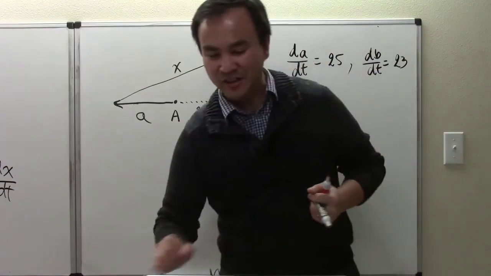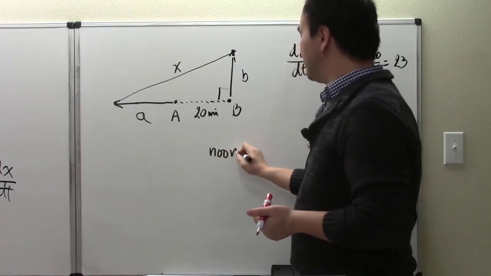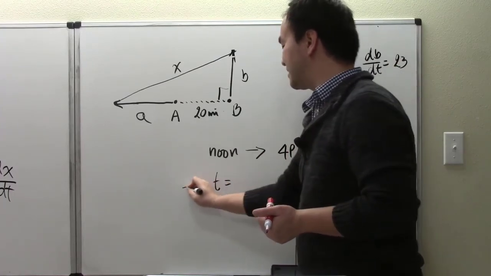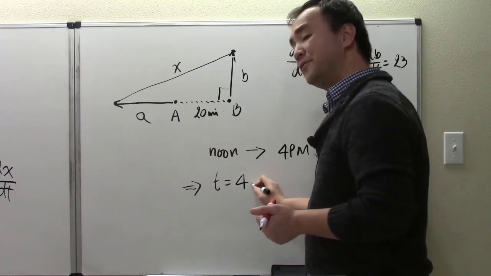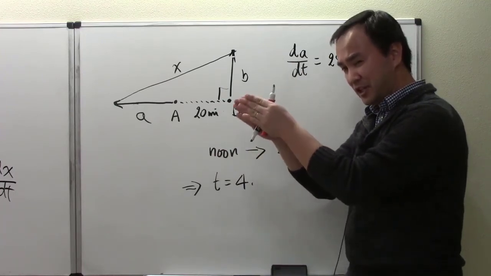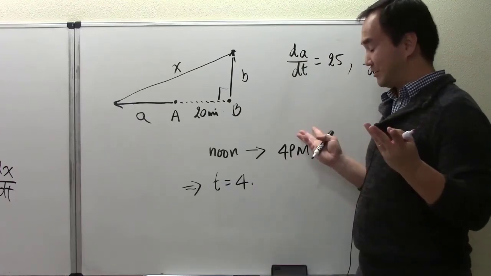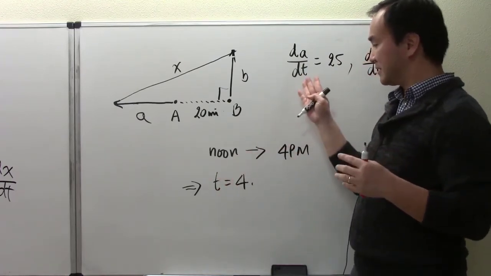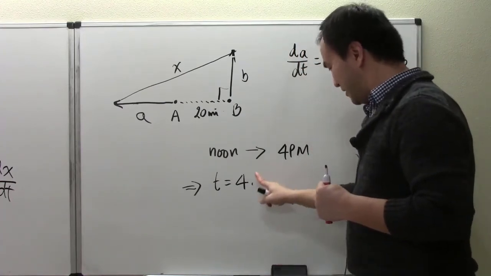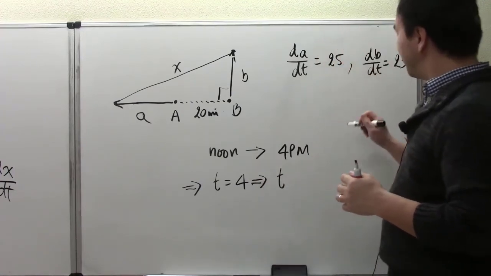So from noon to 4 p.m., really we're looking at t equals 4 hours. Because if noon is the starting point, when we first notice the two ships, then 4 hours later it hits 4 p.m. I'm rushing a little actually. It's 4 hours, but we need to put this into our time. I just now noticed.